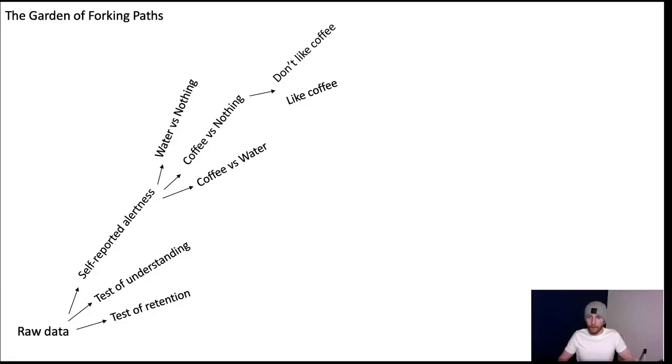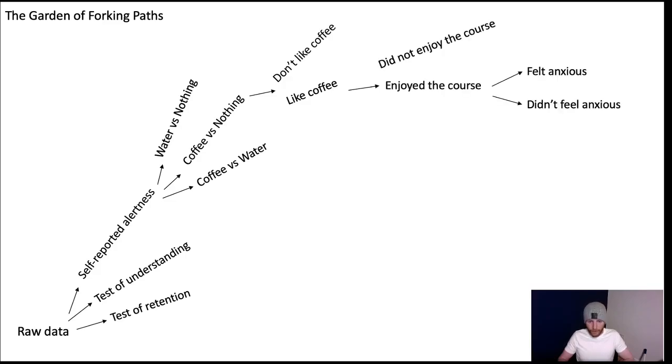He looked at people who liked coffee, who enjoyed the course, and who didn't feel anxious. Notice he could have gone down any one of the other pathways. He could have looked at participants that didn't like coffee, that didn't enjoy the course, or that didn't feel anxious. Or he could have looked at people that didn't like coffee and did enjoy the course. So I hope you see in this way there's all these different pathways that are being crafted out and are possible to walk through when you get a data set.